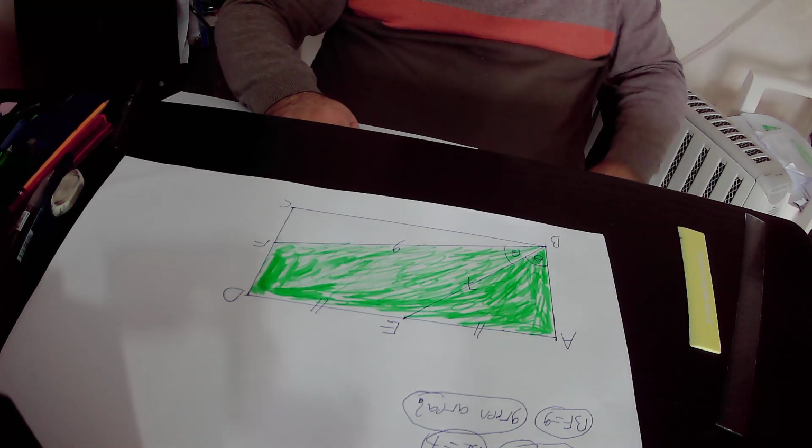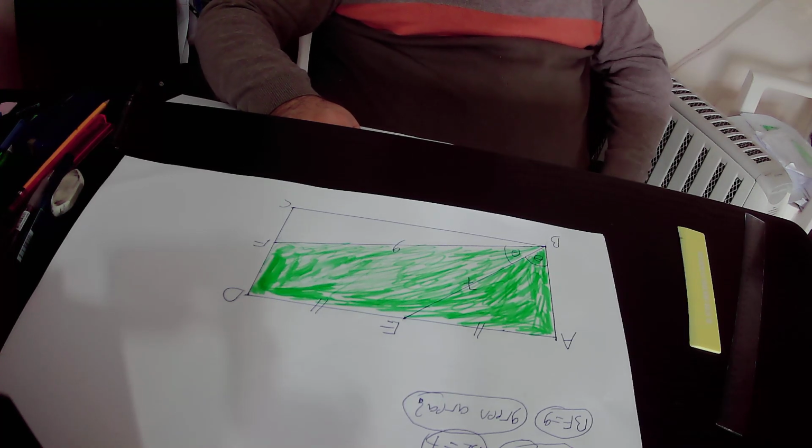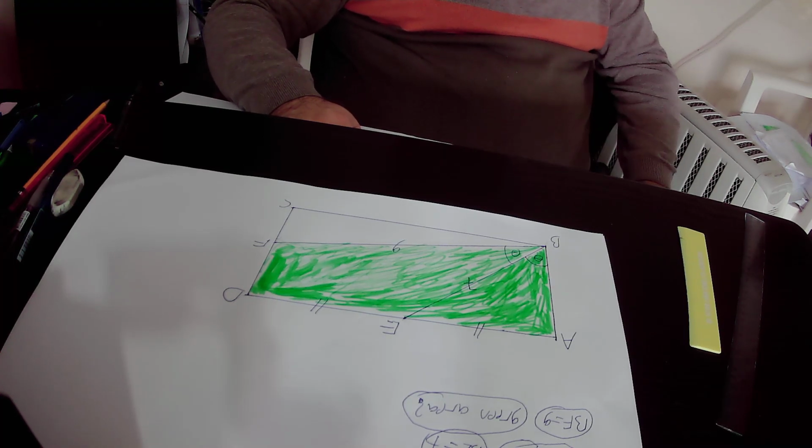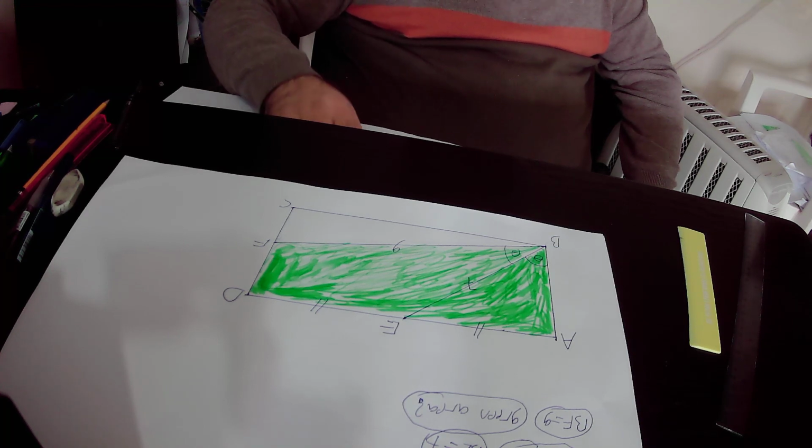In the second method, we will rely on rule number 2, that alternating angles between parallel lines are equal to each other.